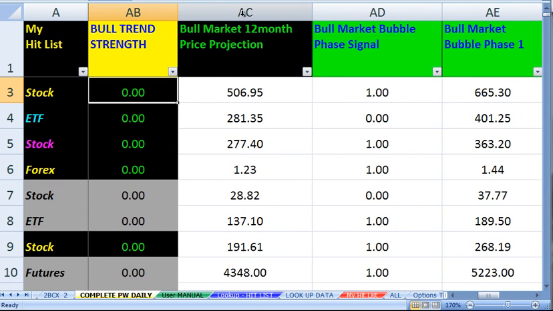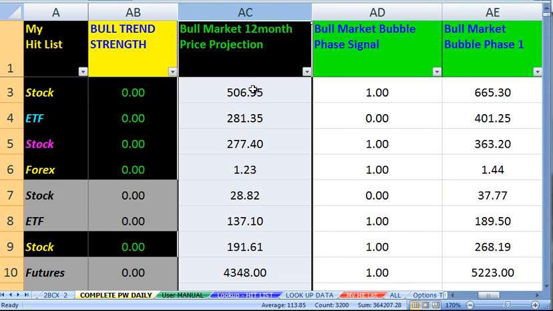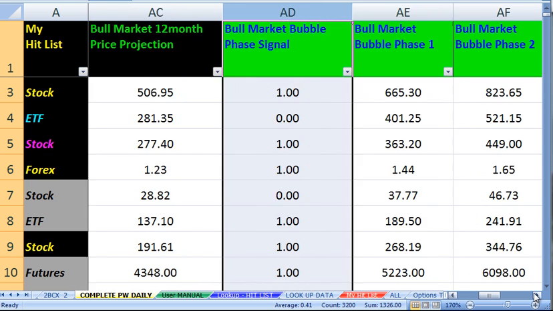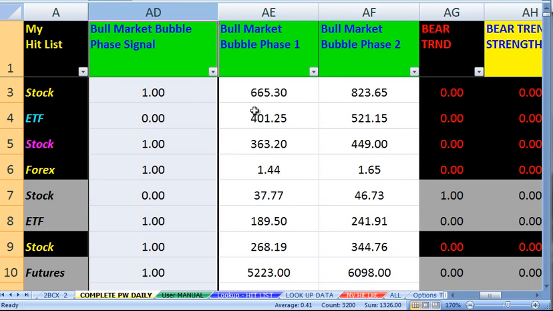All right. The next new column is also taken directly from the commentary. It's your bull market 12-month price projection targets. People always say, where do you think the market's going? How high do you think it's going? Well, this gives you the 12-month price target for any security that you're trading. The next column is your bubble phase signal. You've seen that in the commentary.